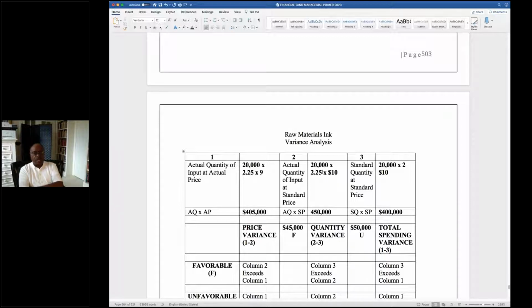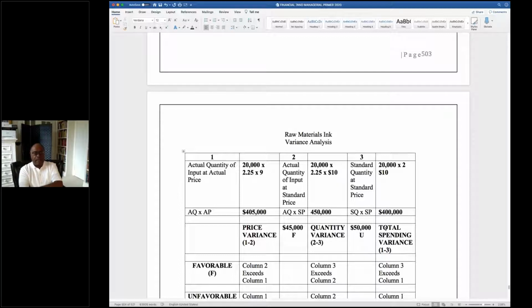Now let's go on the quantity side. We were supposed to use 2 ink cartridges, but we were messing up some, and we used 2.25 ink cartridges. So when we multiply 20 times 2 times 10, we should have 400,000. But we had 20 times 2.25, not 2, for 450.